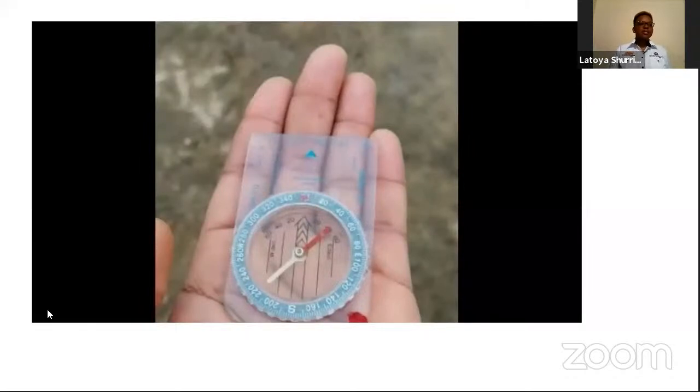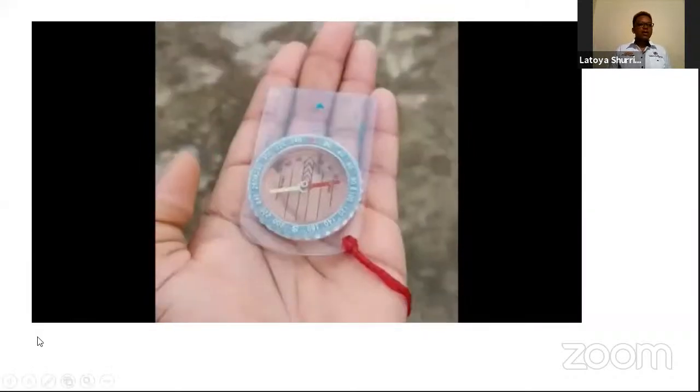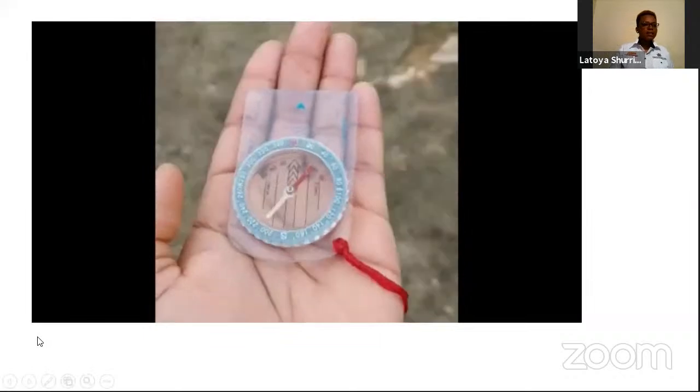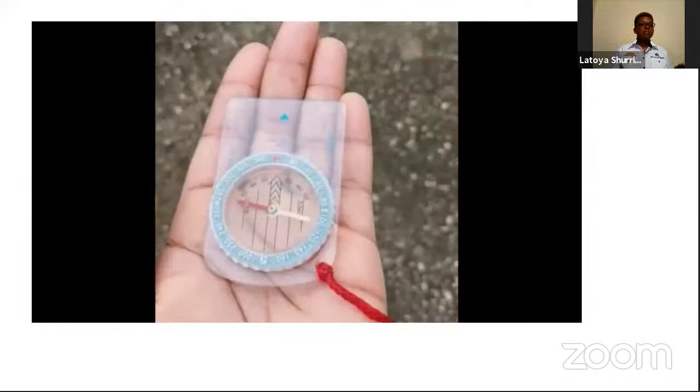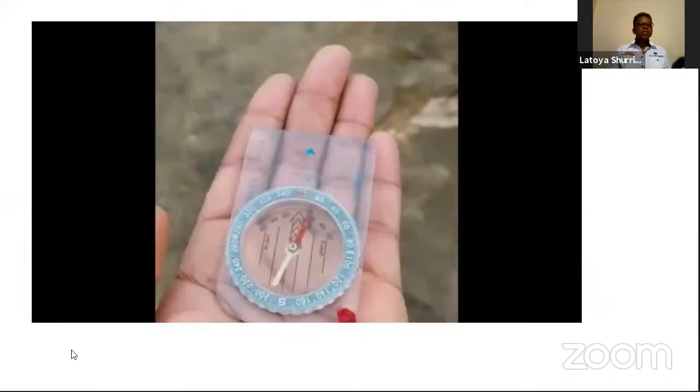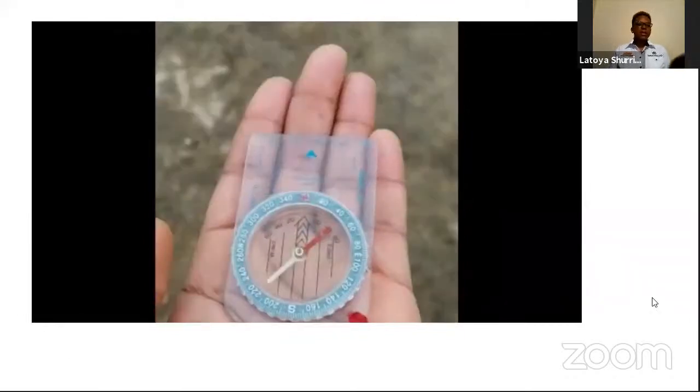And as you can see, the hands on the compass is actually moving as the person is moving. So as the person moves, their direction will change, and so would the compass too, because the compass is telling you the direction that you're moving in, right?